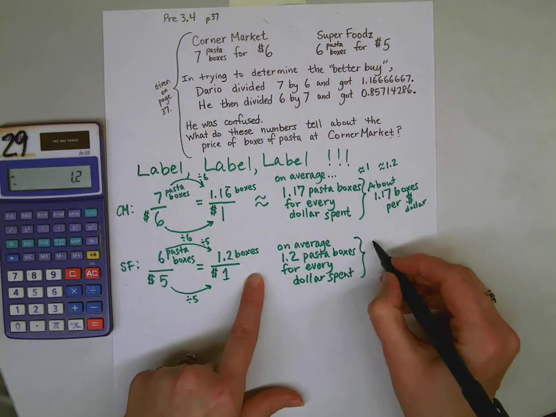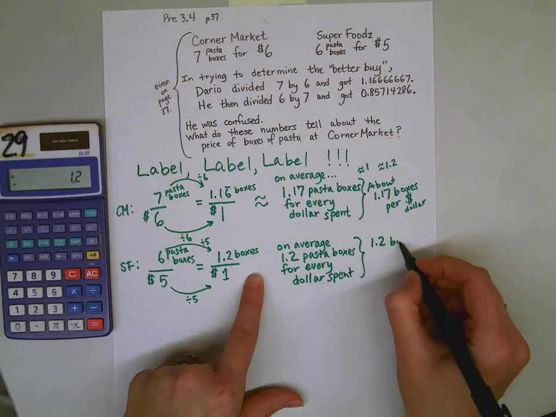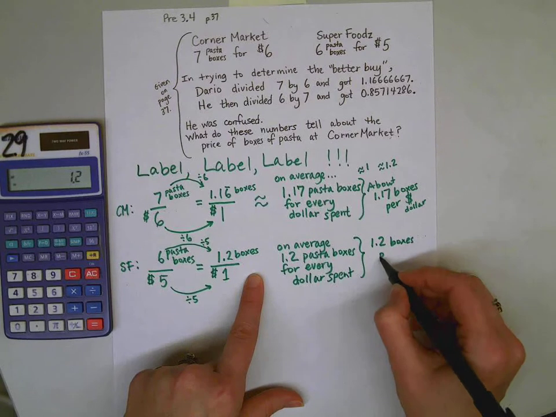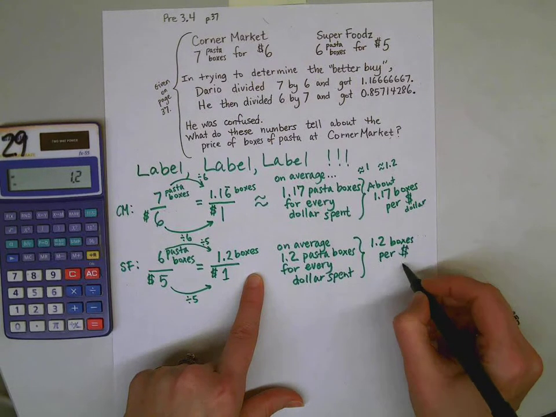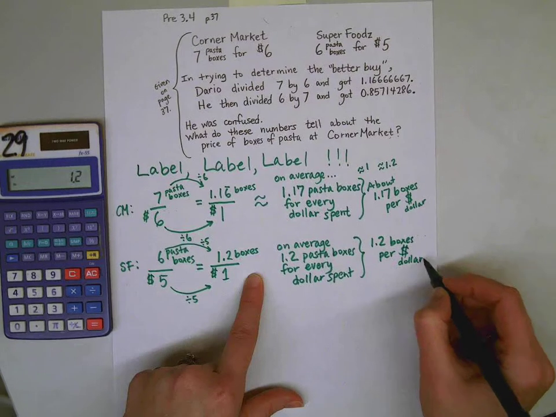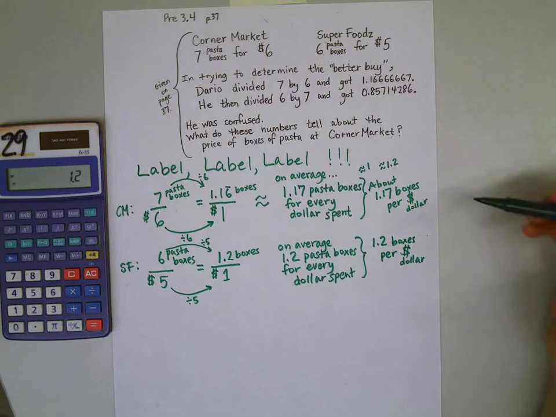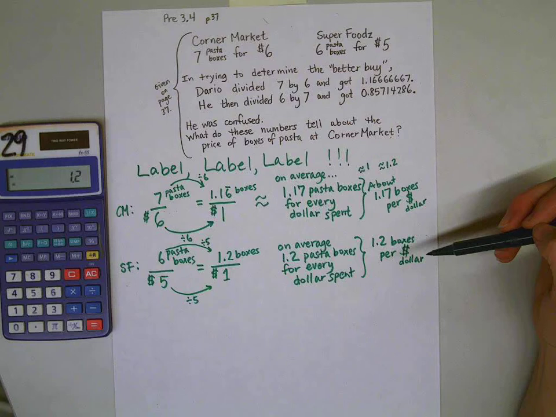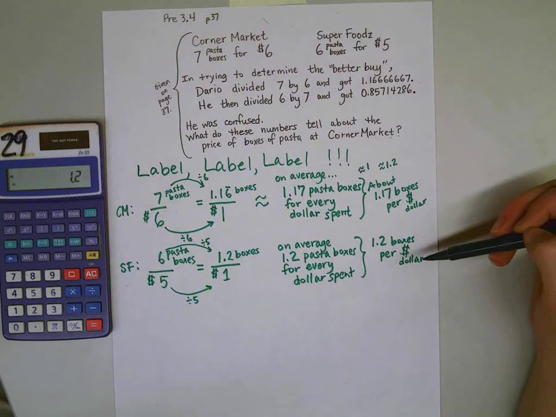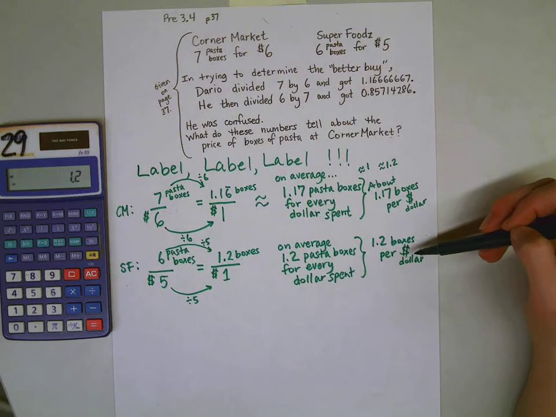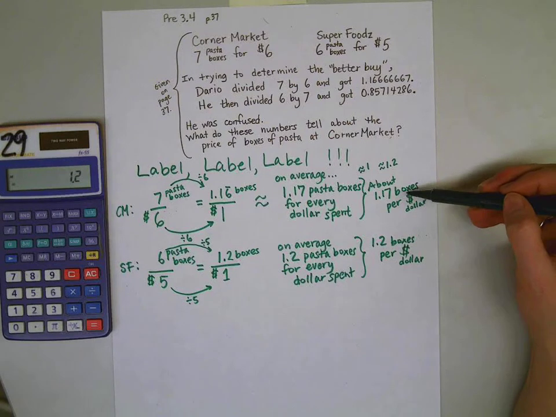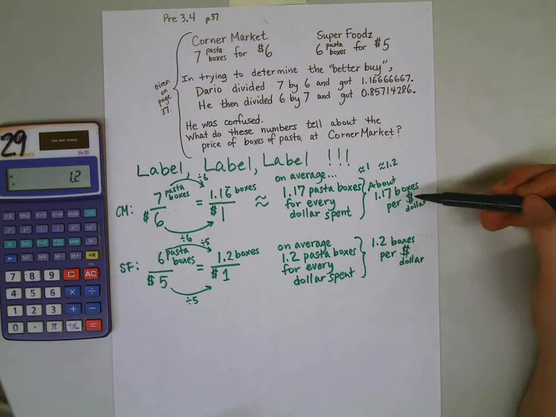And the short way of writing that, 1.2 boxes per dollar. Now in comparing these, if we're spending $1, we get more boxes of the pasta at Superfoods than we get at Corner Market.